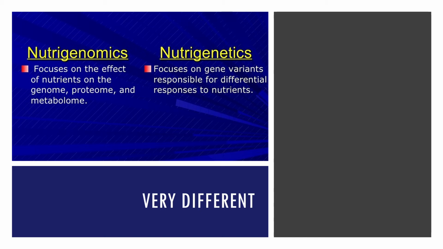So here in a nutshell, again, nutrigenomics focuses on the effect of the nutrients on the genome, the proteome, and the metabolome. Nutrigenetics focuses on the gene variants that are responsible for the differential responses to the nutrients. So a lot more of the research seems to be going down the track of nutrigenomics, although there still remains some looking at genetics, but they're very, very different.